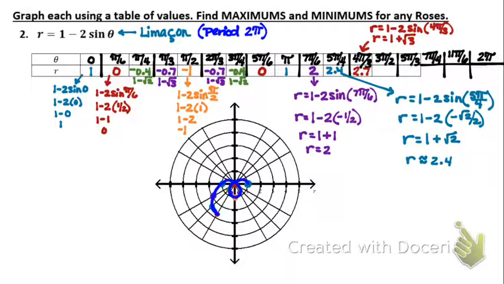3 pi over 2. What's sine of 3 pi over 2? Negative 1, and I'm going to multiply that by negative 2. So what is my output for r when I use 3 pi over 2 as my input? For this one right here, it is going to be the whole number 3.